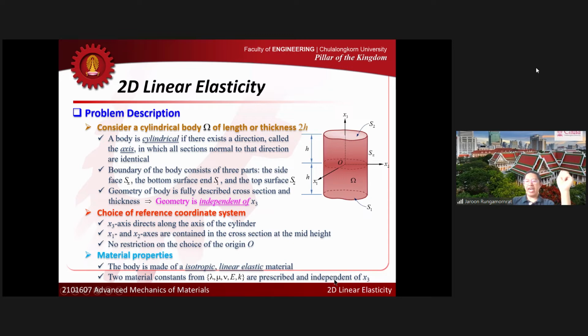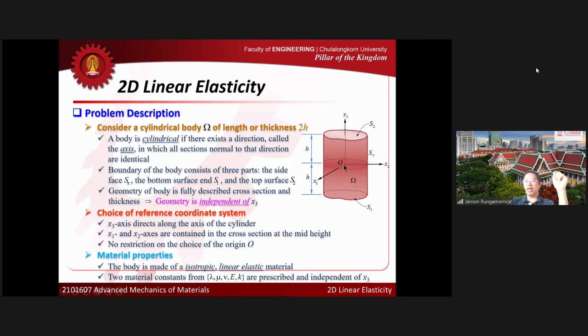I also have one more restriction on the material properties. They can be a function of position, but they cannot be a function of x3. The material properties have to be independent of x3. So if you move along the x3 direction, you see exactly the same material properties.